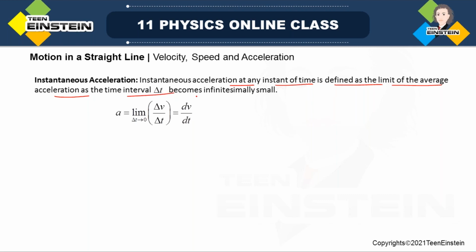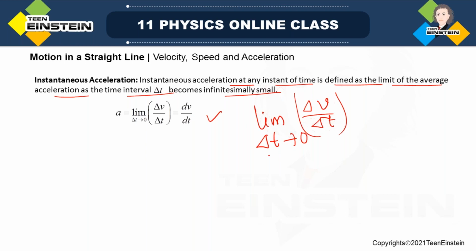So, the limit of the average acceleration as the time interval delta t becomes infinitesimally small. See, this is the mathematical expression. We know average acceleration is del v by del t. Now you take the limit of this and bring your time interval delta t towards 0.